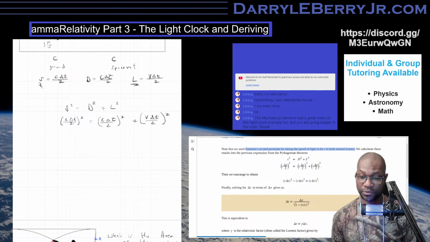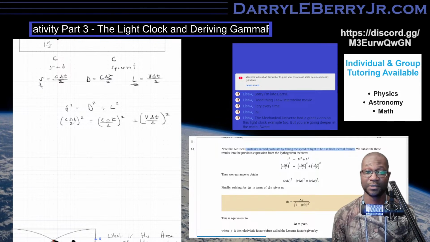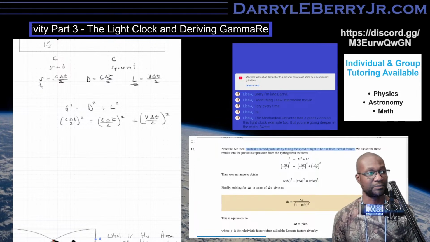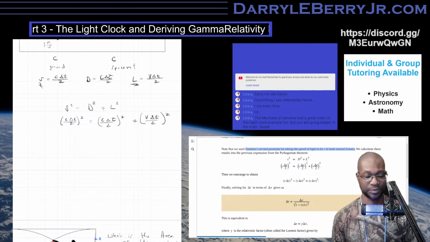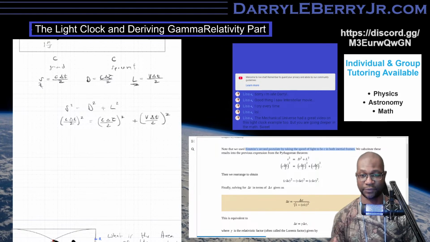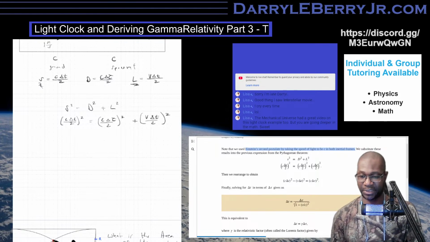Lisa says the Mechanical Universe had a great video on this light clock example too, but you are going deeper in the math. Sweet, awesome. This light clock is very relevant, even though my relativity class didn't talk about it, but I think it's because we're doing a lot harder stuff, which I think we'll get to eventually. A lot of the stuff there I'm still not following myself, so I'm going to have to go through the textbook again.